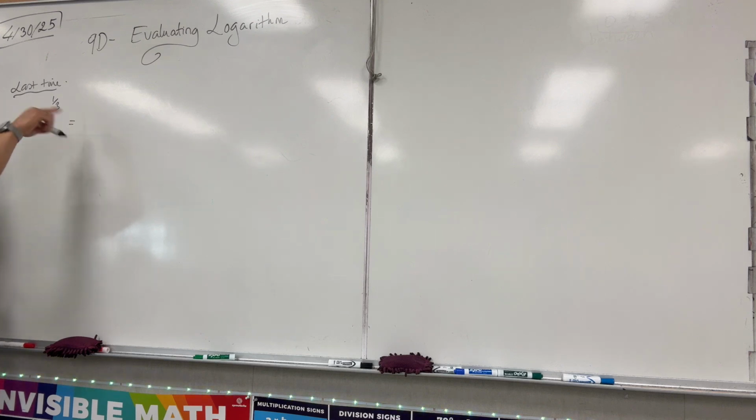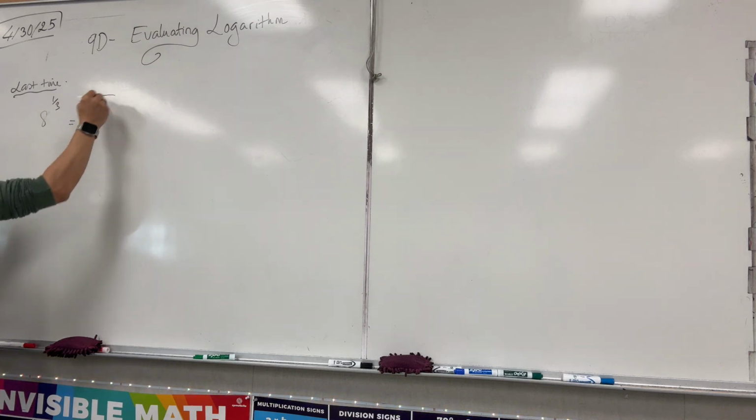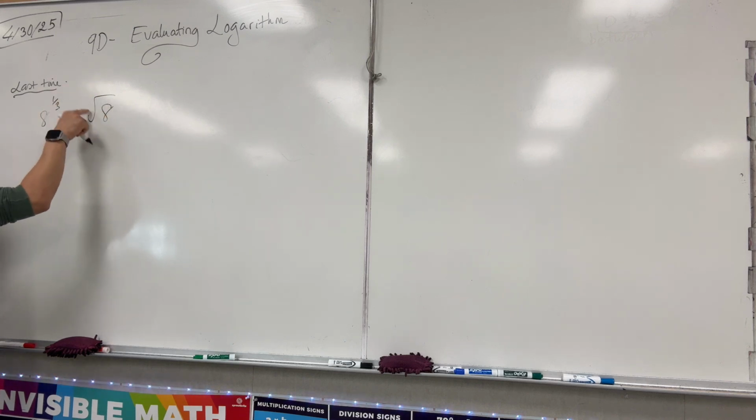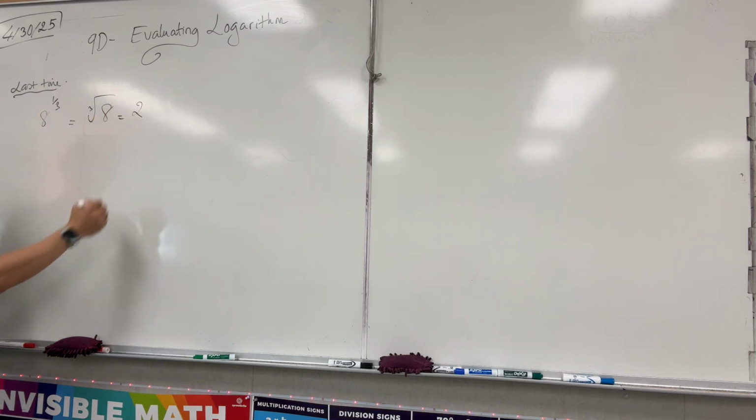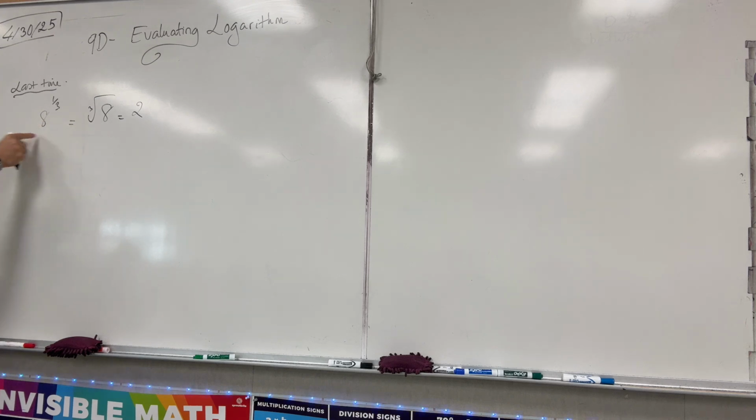What does it mean, the power 1/3? Cube root, right? Remember the 1 inside, the 3 outside, and this one is 2. So radical form and exponential form. Today we're gonna learn exponential form and log form, logarithm form.